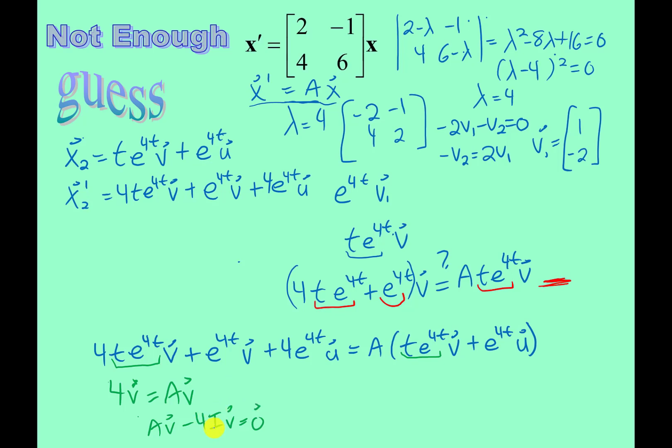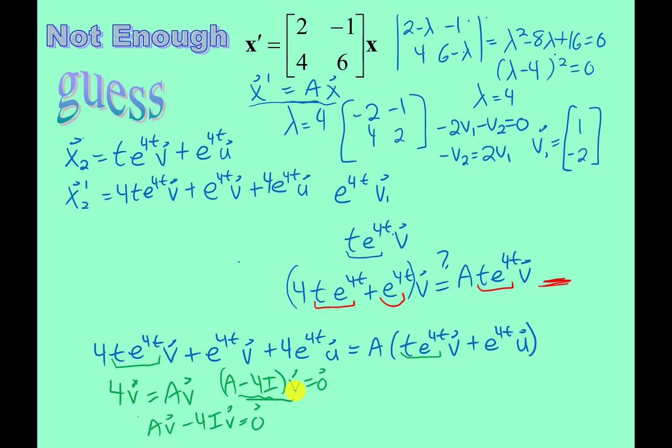And if we factored the v out, we would have (A minus 4I)v equals 0, and we already know that that's true because that's exactly what we did, the A minus lambda I to find this. So the first condition is just going to hold, so we're good with that.